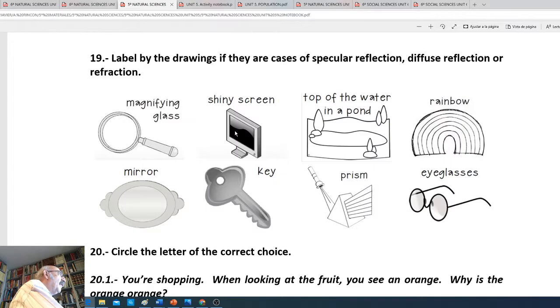With reflection, you can only see colors and the shape of the objects. Okay, it could be a diffuse reflection, but if it is really shiny, you can see yourself as in a mirror. So a mirror and a shiny screen could be examples of reflection. Remember, specular.